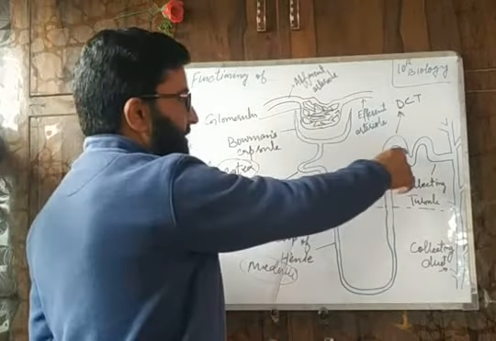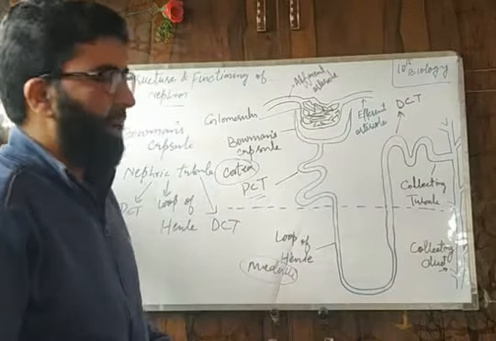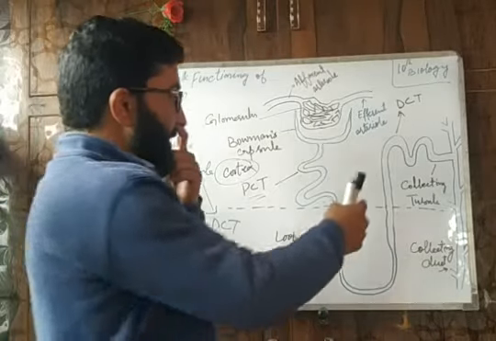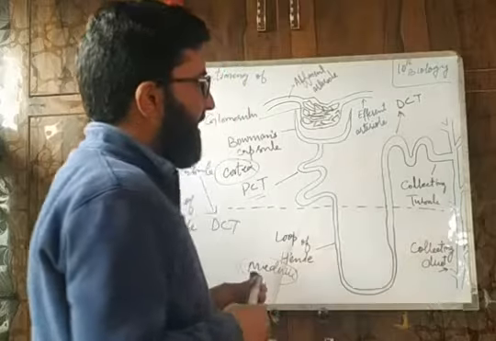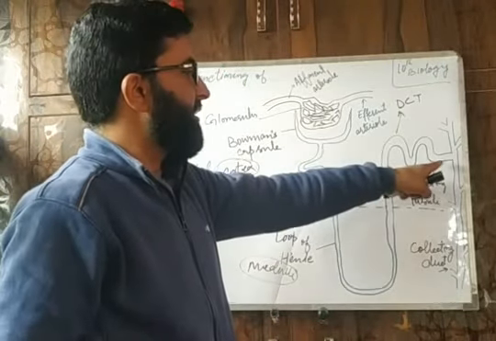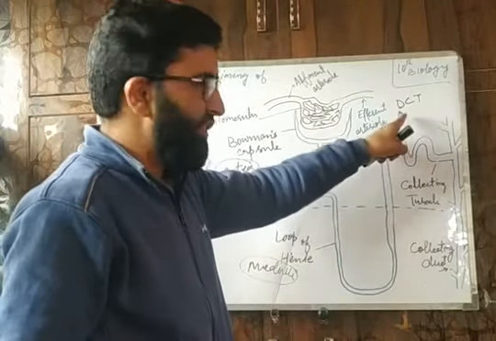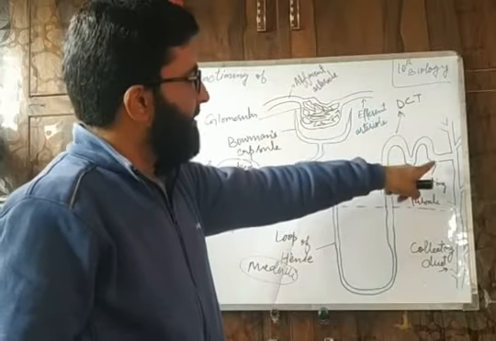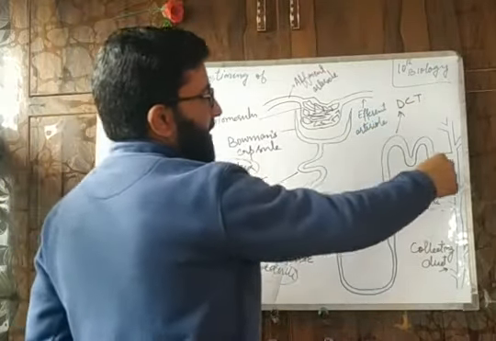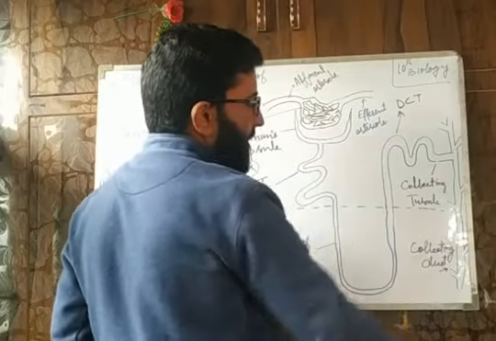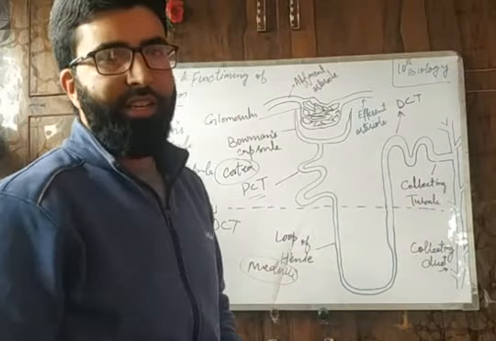This is also twisted here, and it absorbs water. Its distal end part is called the collecting tubule. This end part of the DCT, the distal convoluted tubule, is called the collecting tubule. And then it joins with a long duct, which is called the collecting duct.